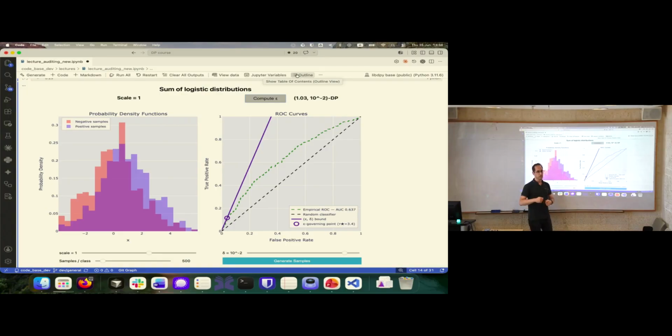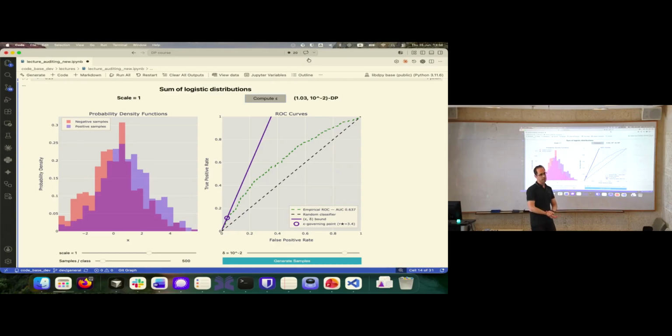And now we know that if we run this experiment many times, the success rate of the attacker, when it will guess yes when it came from the positive distribution, is larger than the probability that it will guess yes when it came from the negative distribution by some gap, and that gap corresponds to epsilon and delta. These are the two events that we have.